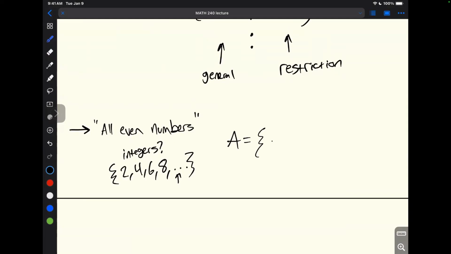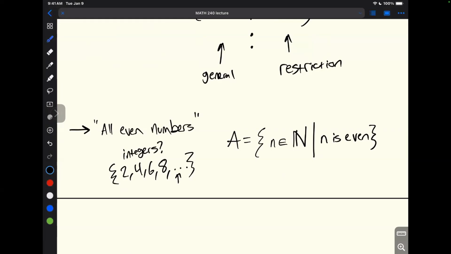And now we have our general formula, where some variable lowercase n is in the natural numbers. Remember that fancy blackboard N is the natural numbers. But that's our general statement, and we're going to further restrict it by saying n is even.